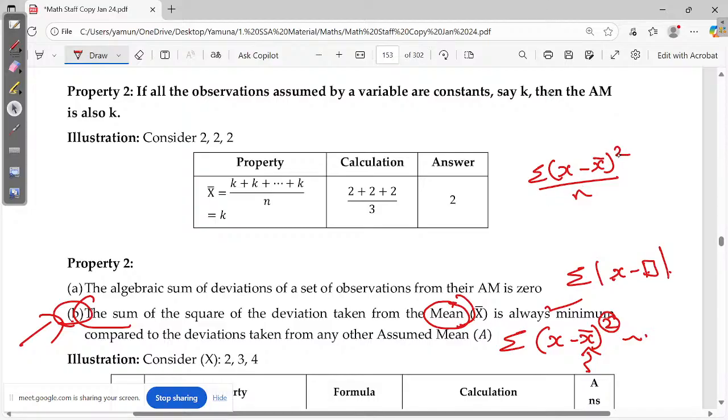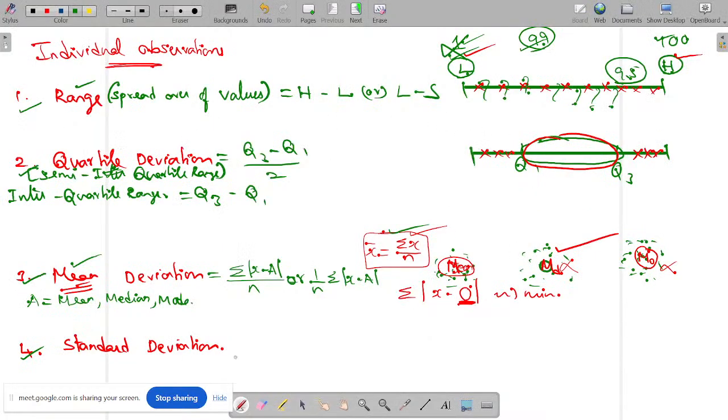So what I do is, to remove the square, I take the square root. This is the formula for standard deviation, usually represented with the symbol sigma. Only for this one we have the symbol. For others, for range we'll use R only. For quartile deviation, we use semi-interquartile range or QD. For mean deviation, we use MD.